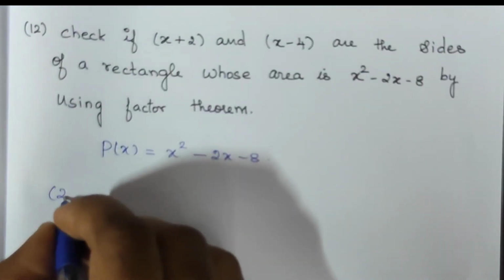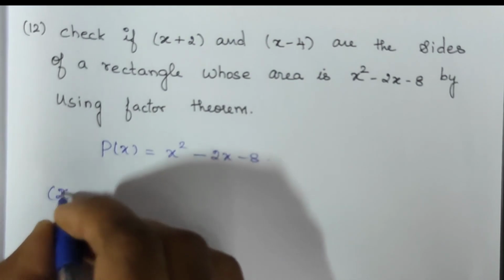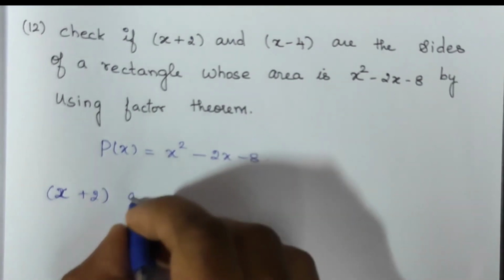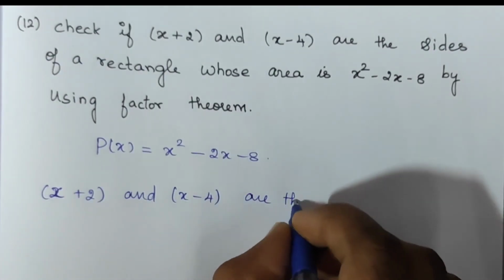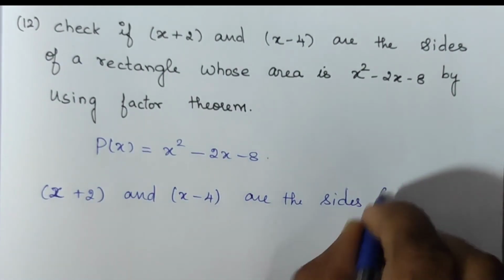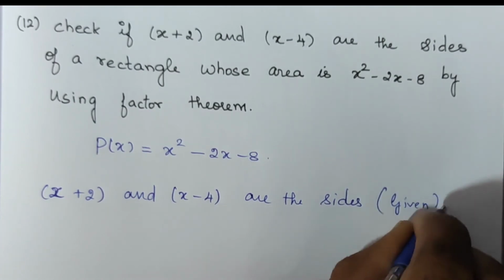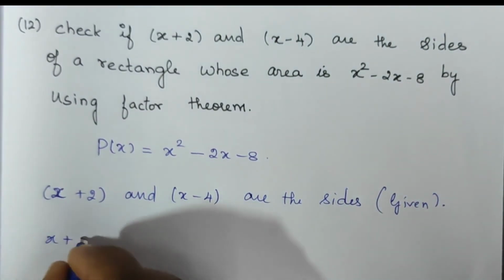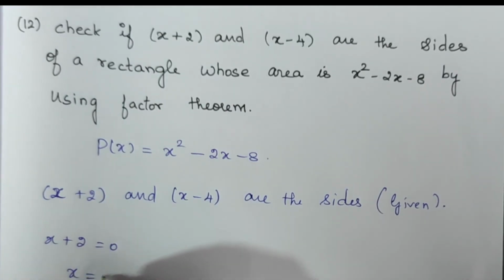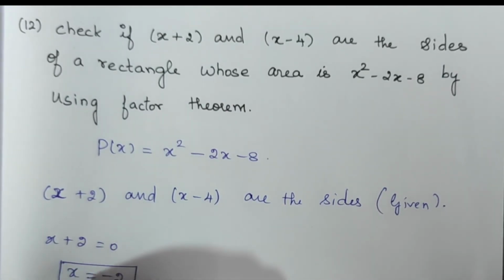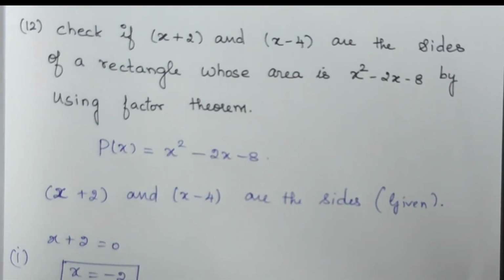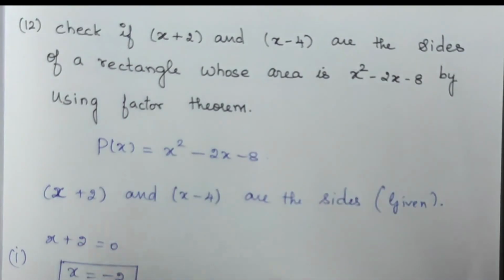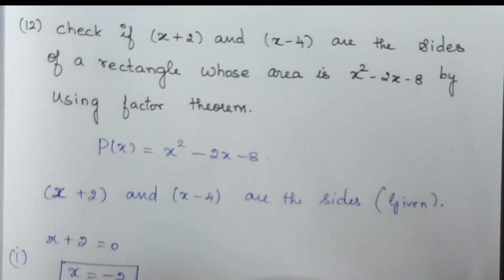Okay, so here given p of x is equal to x square minus 2x minus 8 and two factors are given. One is x plus 2 and x minus 4 are the sides. This is what is given. So x plus 2 is equal to 0, therefore x is equal to minus 2. This is the first factor, so you substitute in the place of x. So p of minus 2 is equal to x square minus 2x minus 8.